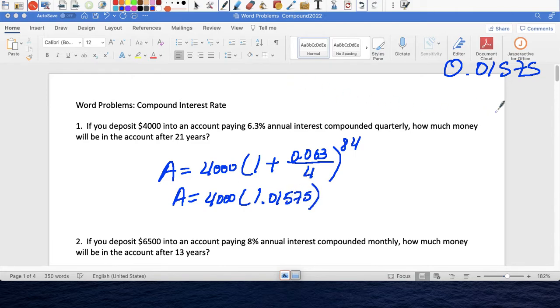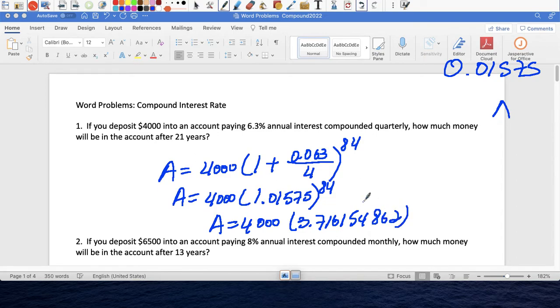And now use this button next, right? Press that one, and then we're going to press 84, and then click enter. So we raise it to the 84th power, and then that number in your calculator should look like this. We're going to multiply that times 4,000.